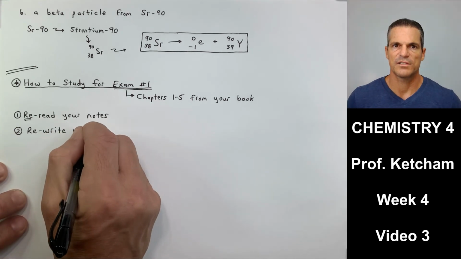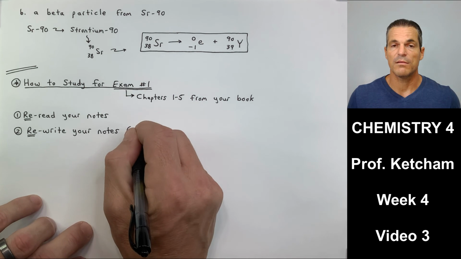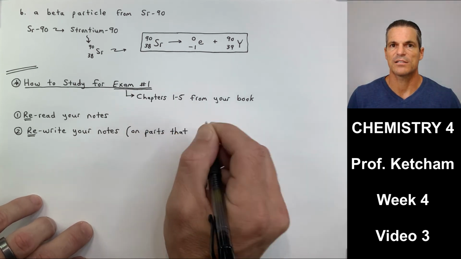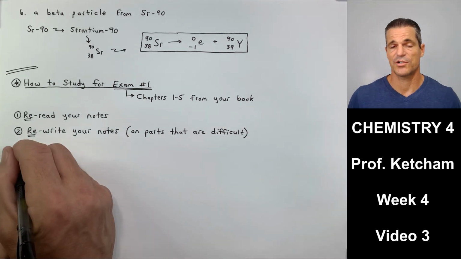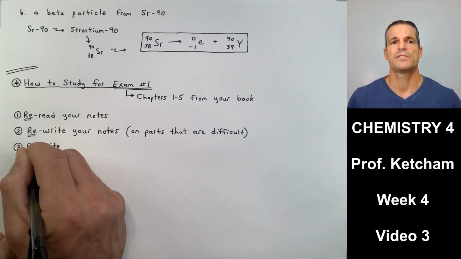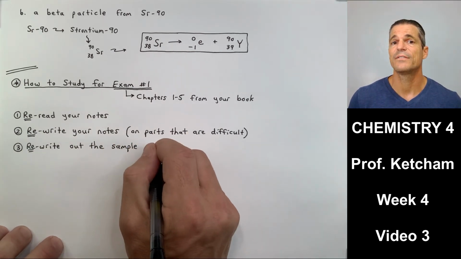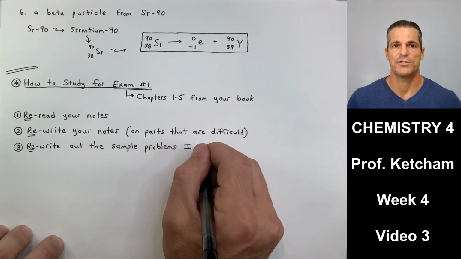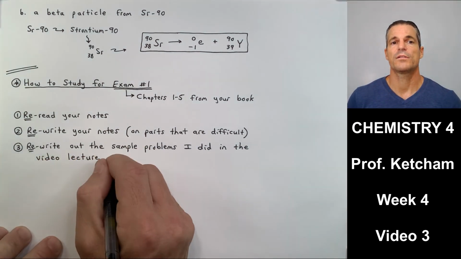Now, how to study for exam number 1. I'm going to go over all of this when we meet face-to-face at our next Zoom lecture. I just want to say a blurb here because this is a short enough video. Exam number 1 is chapters 1 through 5 from your book. That means you have homework problems for 1, 2, 3, 4, and 5. So what to do?